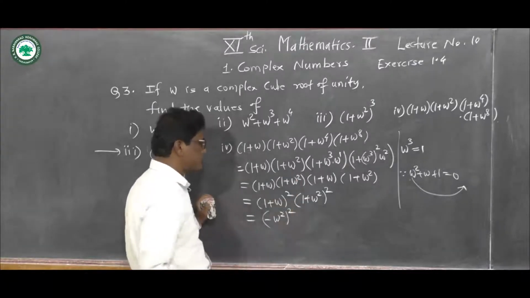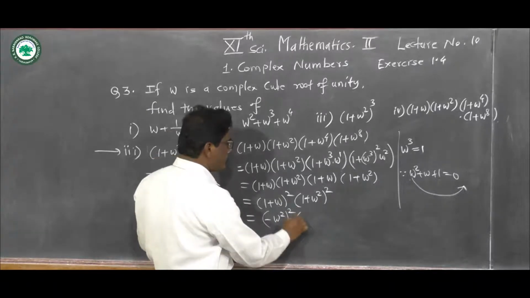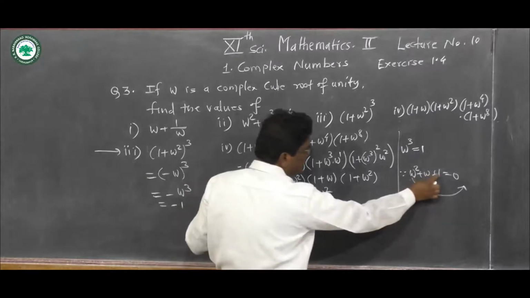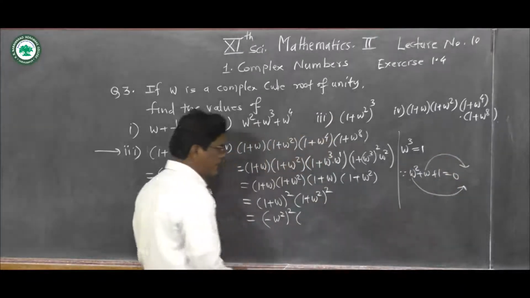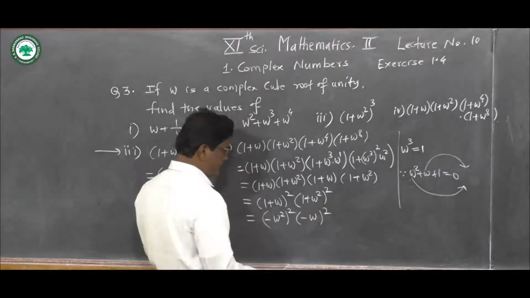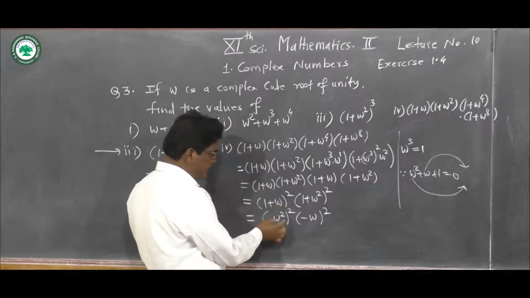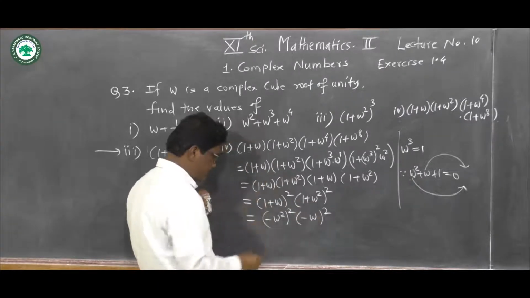Then here 1 plus omega square, this omega on the right hand side, it is minus, so here minus omega. Get it? 1 plus omega is minus omega square, and 1 plus omega square is minus omega.